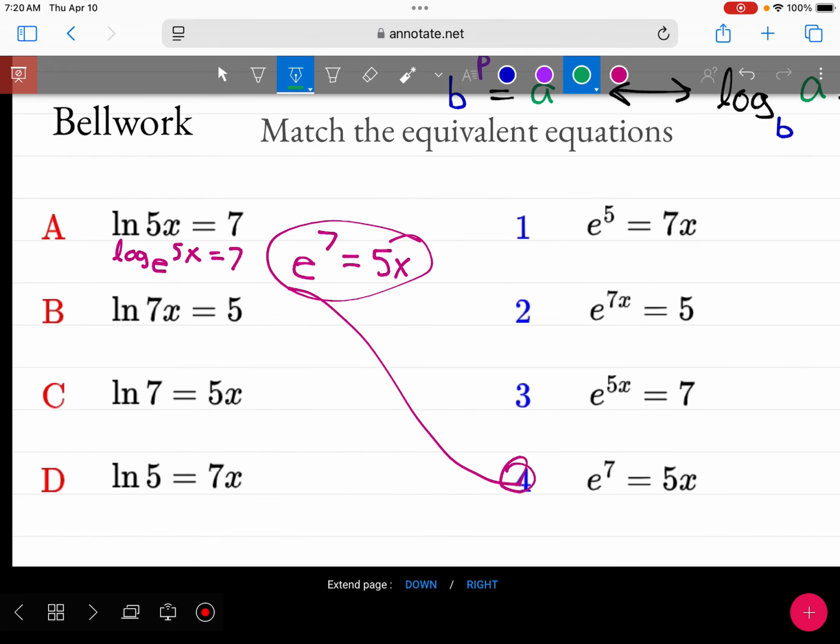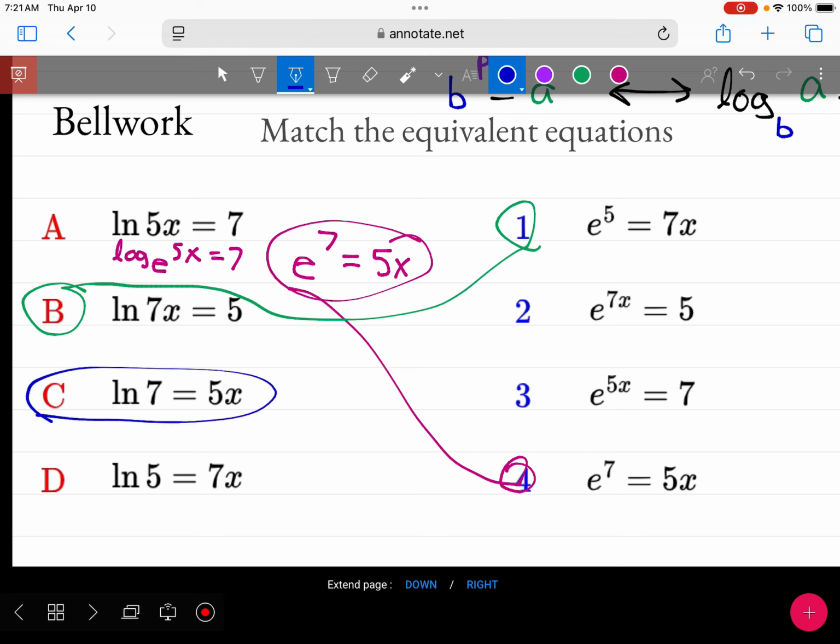So what are the ones we see that match? B and 1. C and 3. D and 2.